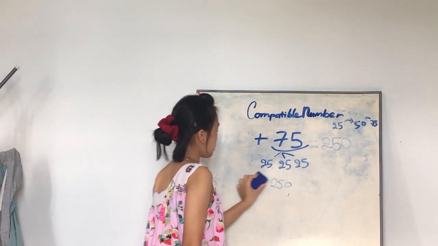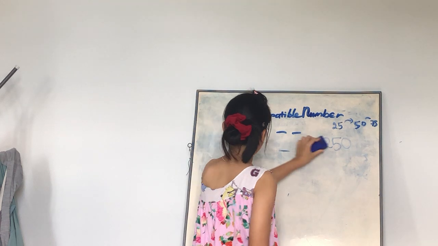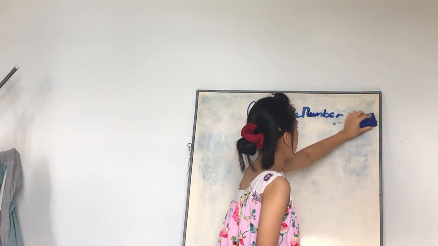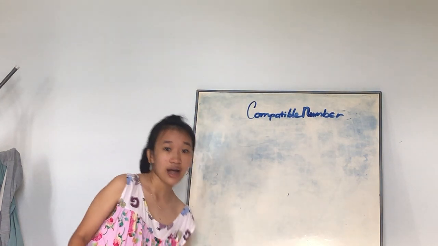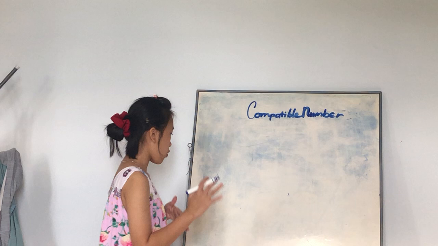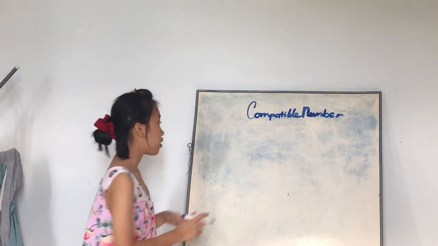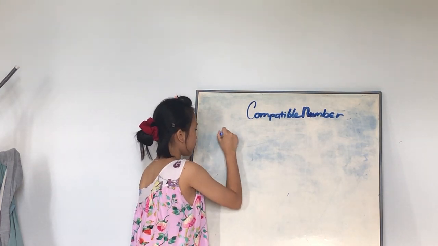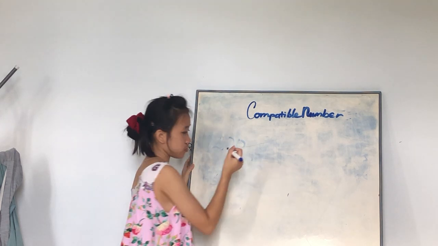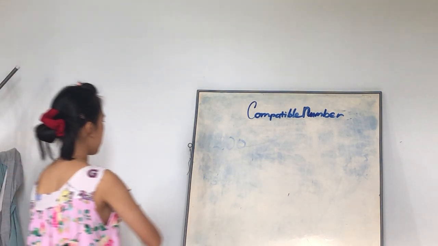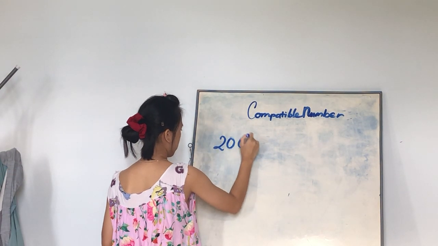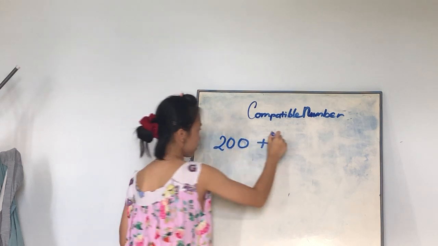Now let's turn to the third one. Do you remember the third compatible number? Yes, correct, it is 50. So now I have the example 200 plus 50.